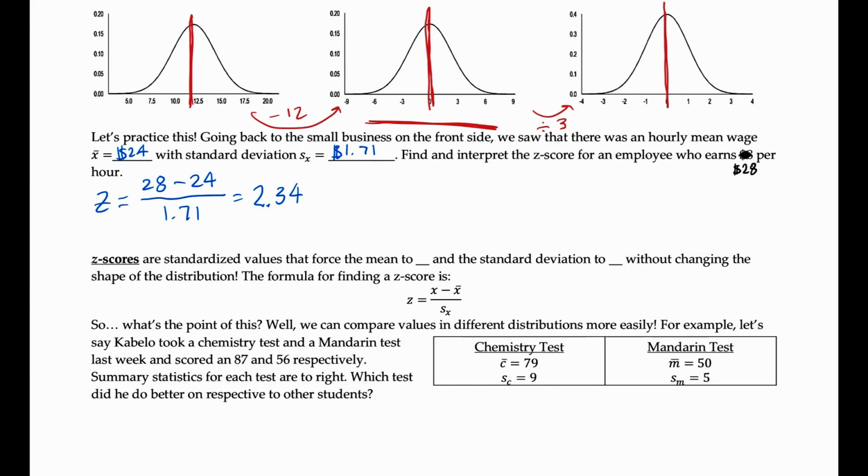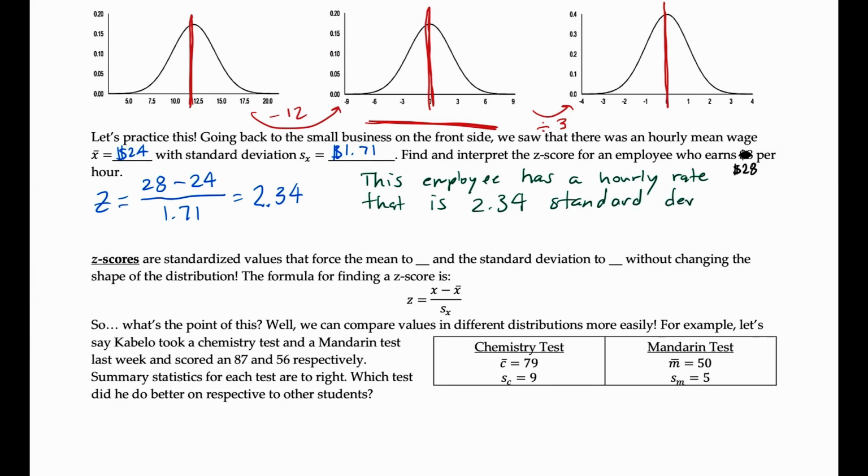So what does this z value mean for us? It means that this employee has an hourly rate that is 2.34 standard deviations higher than the mean.